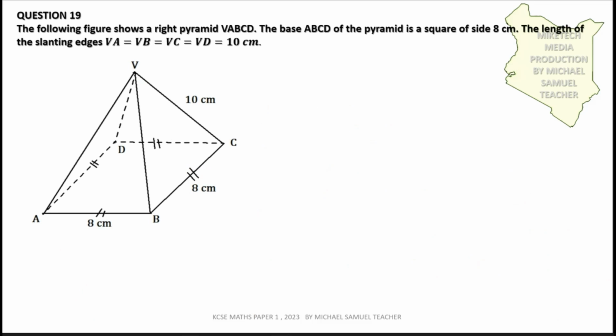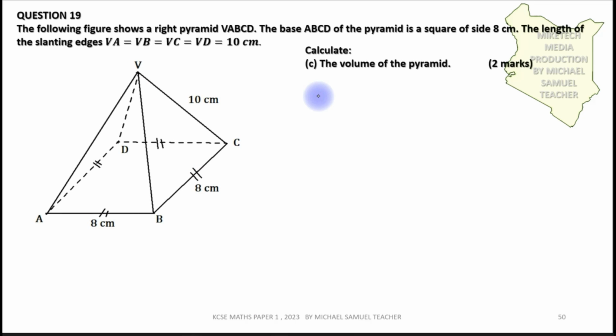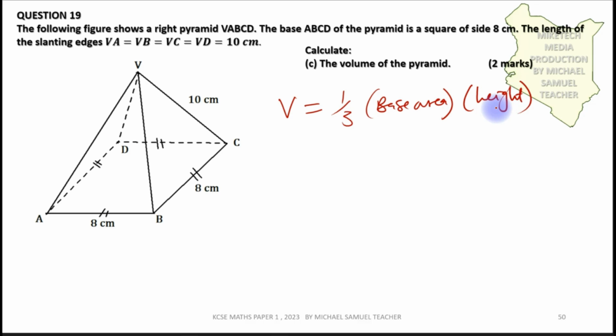Then part C of the question, we need to find the volume of the pyramid. So volume is given by a third times base area times the height, and that we mean perpendicular height. So we have a third.